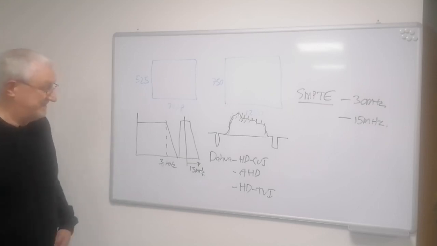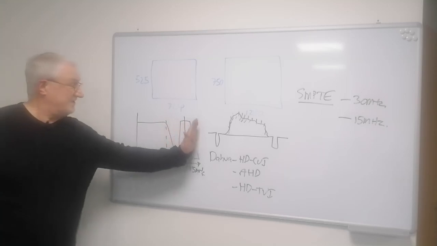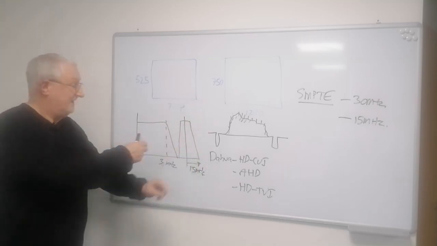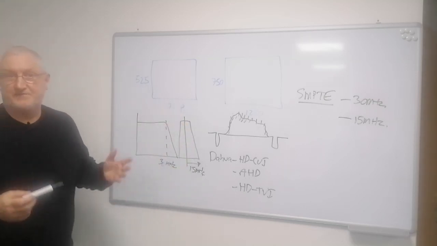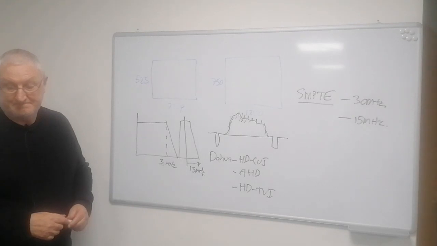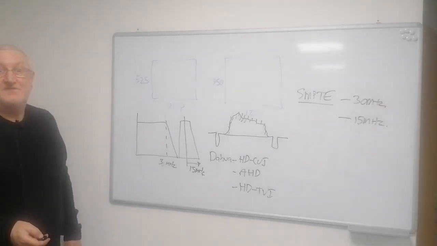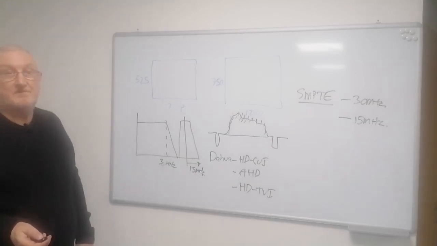And as I say, HD-TVI, to my belief, has the highest chrominance frequency, the subcarrier frequency, and therefore there's more room for more luminance signal, and therefore the resolution should be better. So I hope that's some help in explaining what the difference is between those three standards.